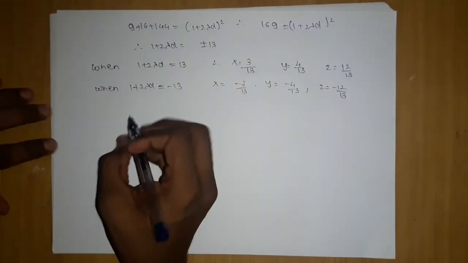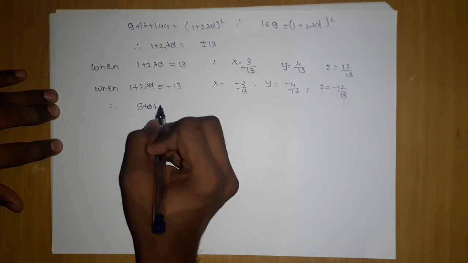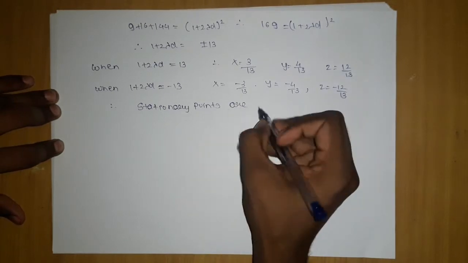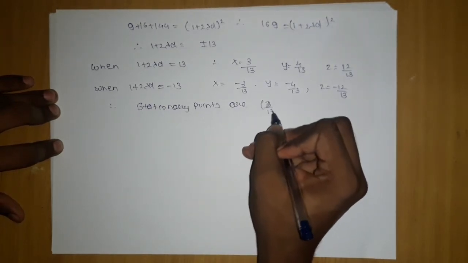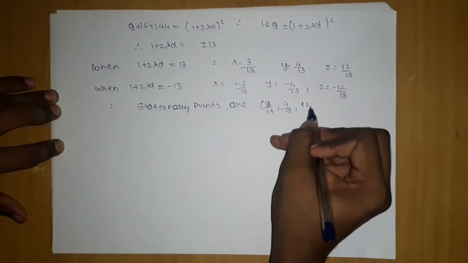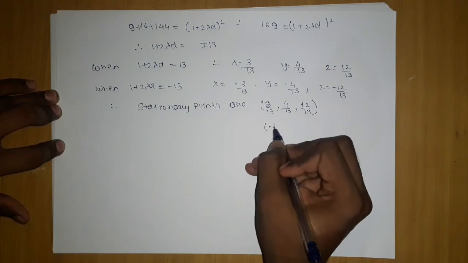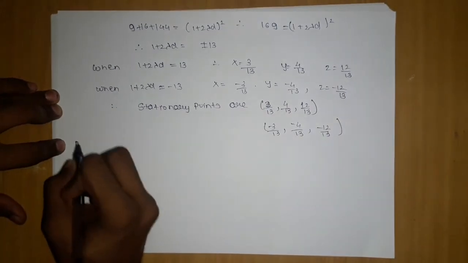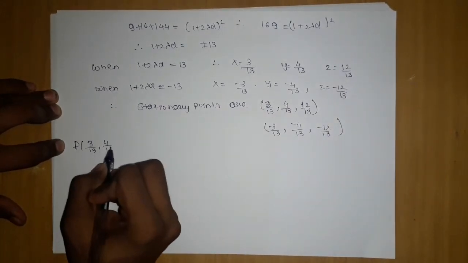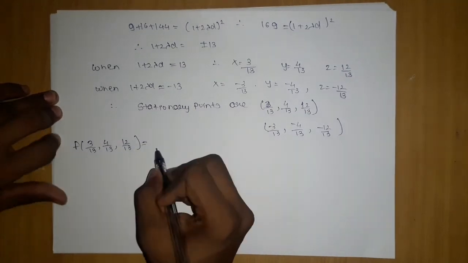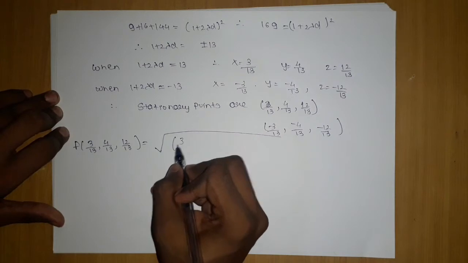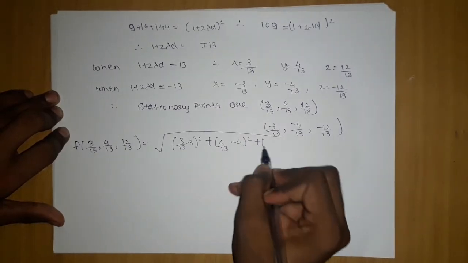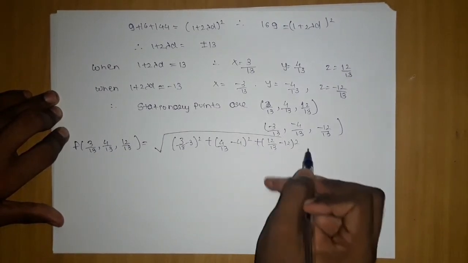Okay, so the stationary points, what are the stationary points which we have? (3/13, 4/13, 12/13) and (−3/13, −4/13, −12/13). So f(3/13, 4/13, 12/13) is equal to the square root of (3/13 − 3)² + (4/13 − 4)² + (12/13 − 12)².